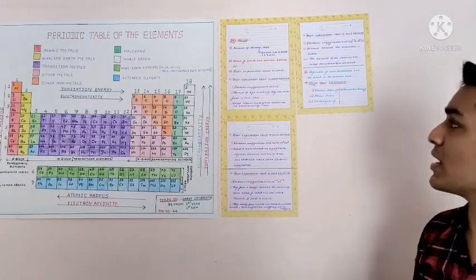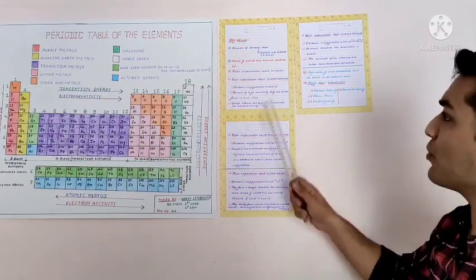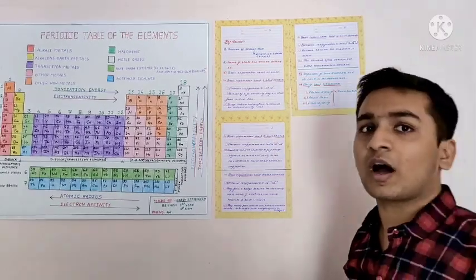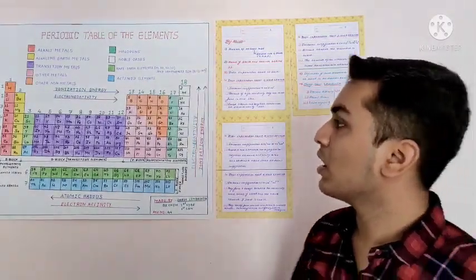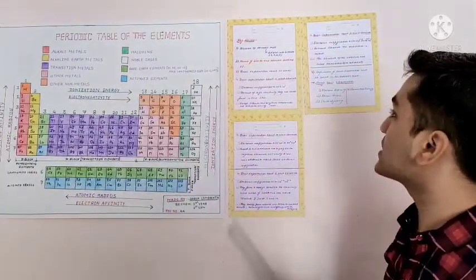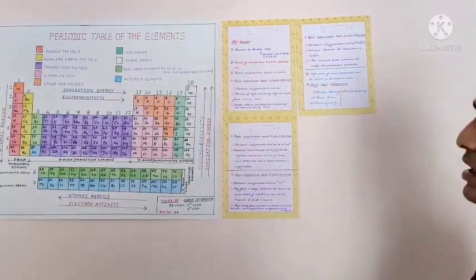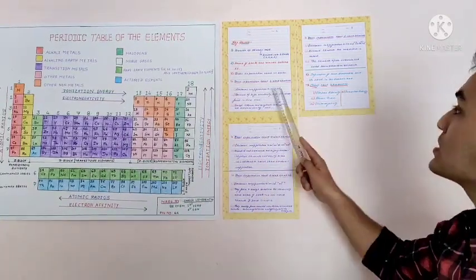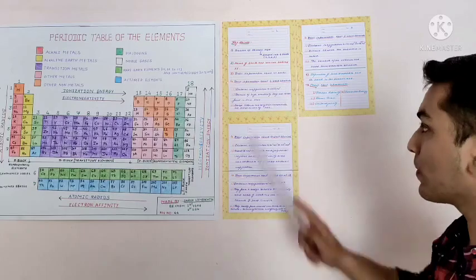Now coming to the third key point, basic information about all blocks. Now I will give some basic information about S block, P block, D block and F block. Basic information about S block is, first point, the electronic configuration of the elements is ns1 and ns2.